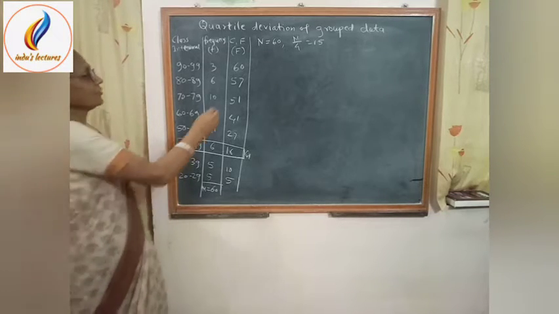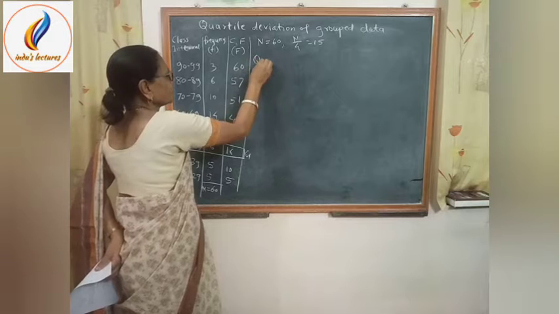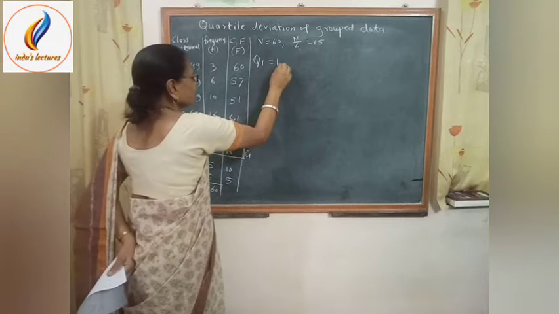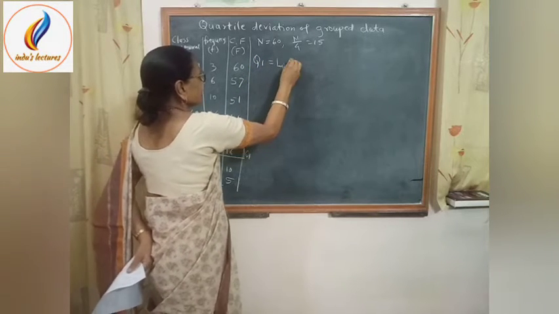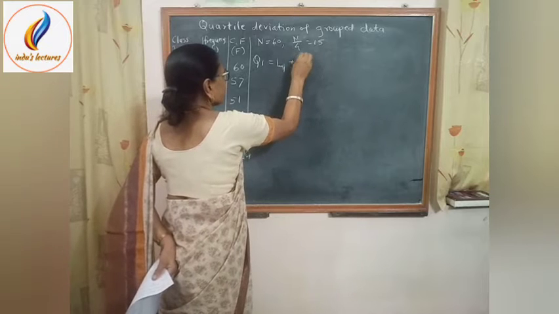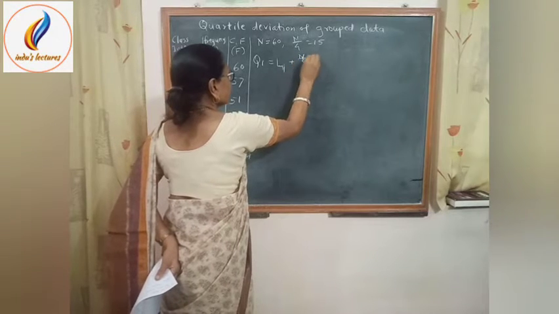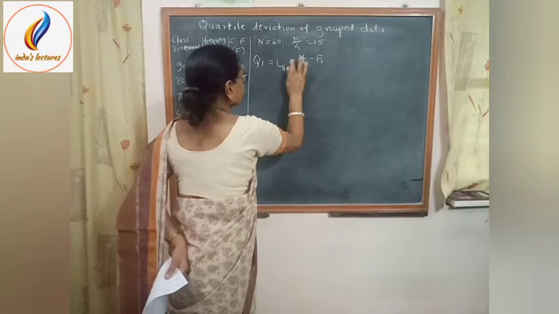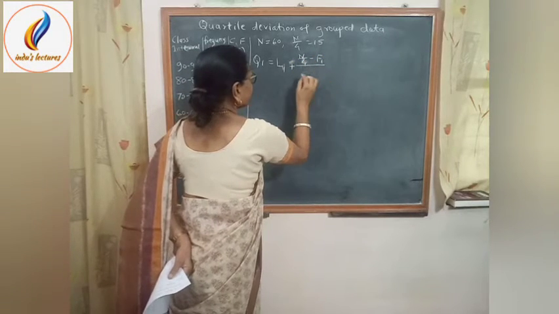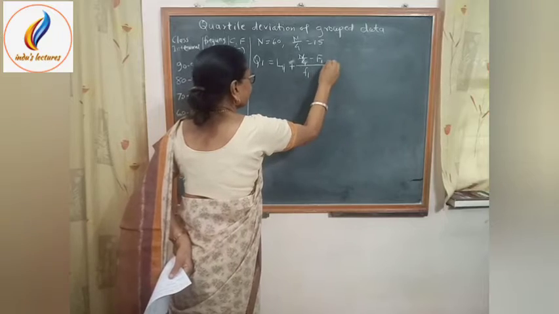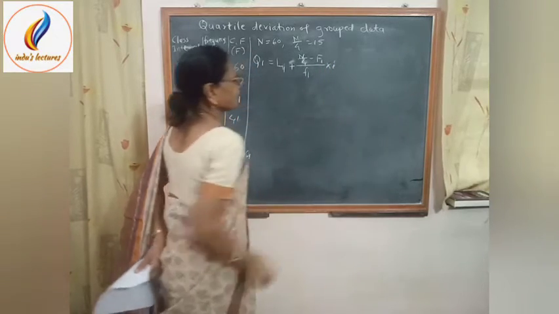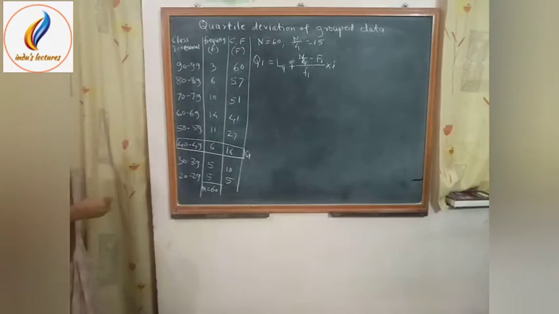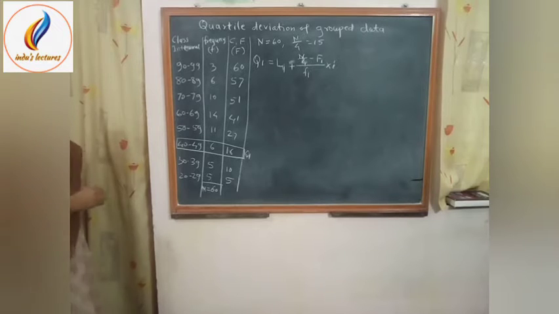Now calculate Q1 by using the formula. Q1 is equal to L1 plus (n by 4 minus F1) divided by small f1 and multiplied by i. i is the length of class interval.